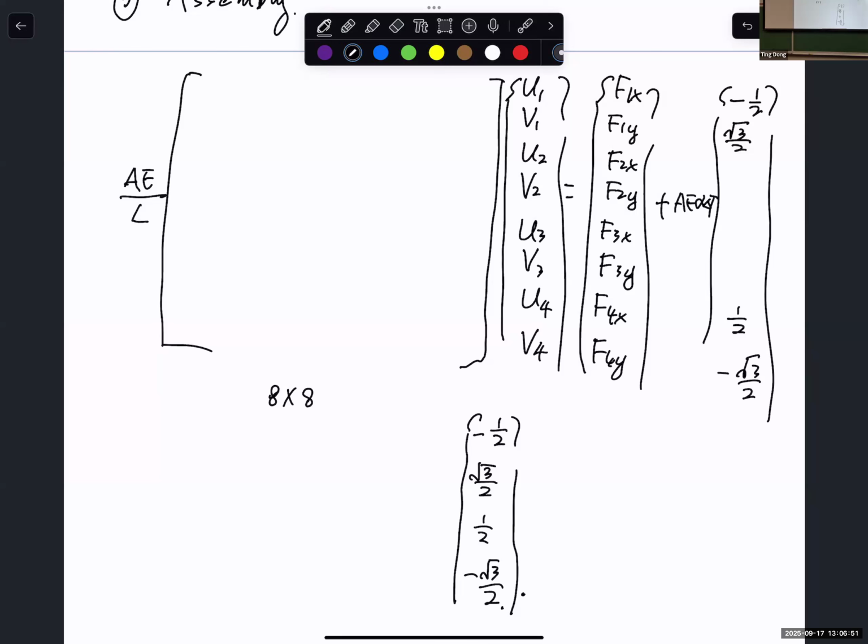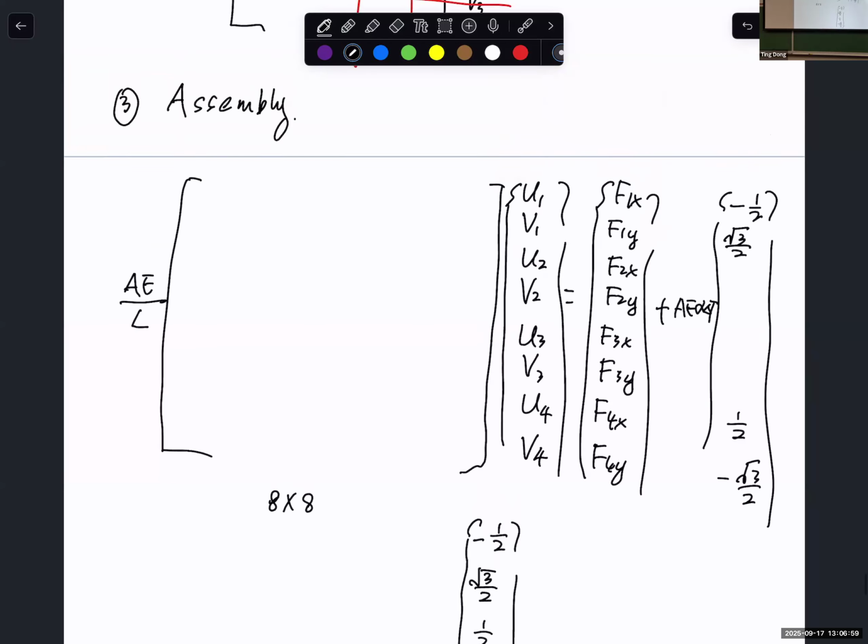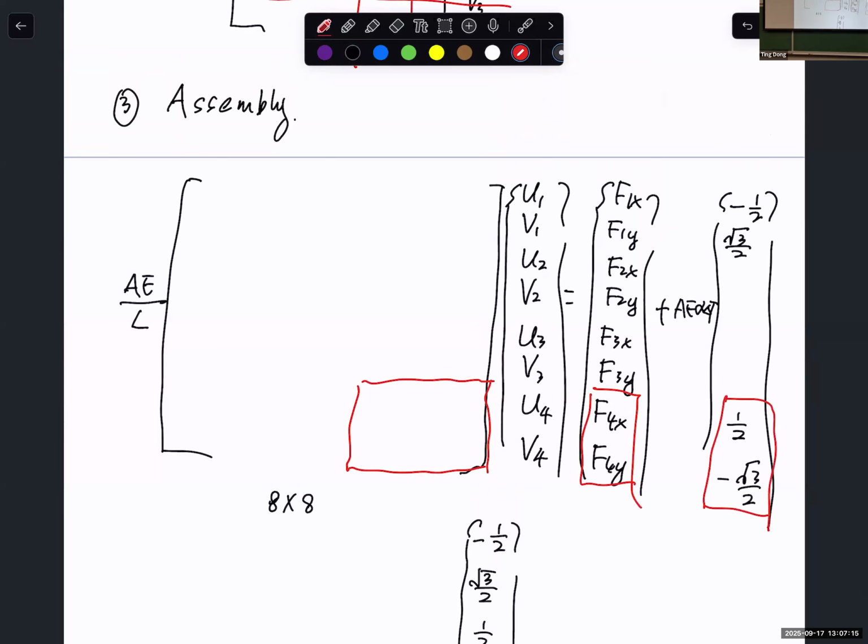So the global matrix equation, the big matrix equation before we apply boundary conditions, is 8 by 8. But we know that, again, we only need this one, this one, this one.